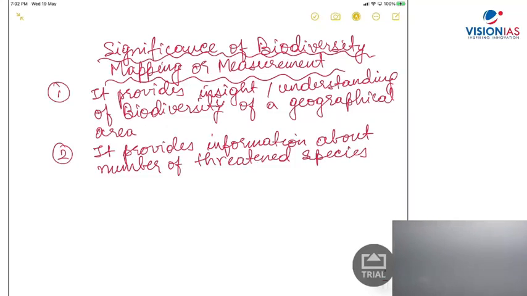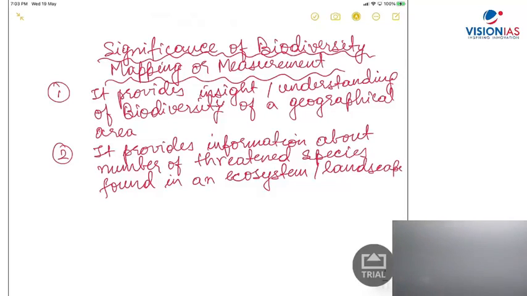Found in a landscape or in an ecosystem, or a geographical area.